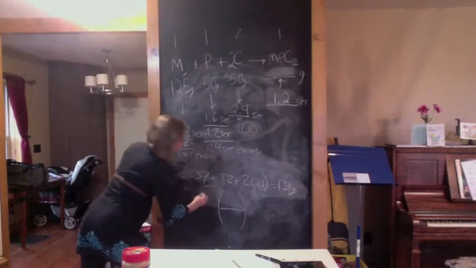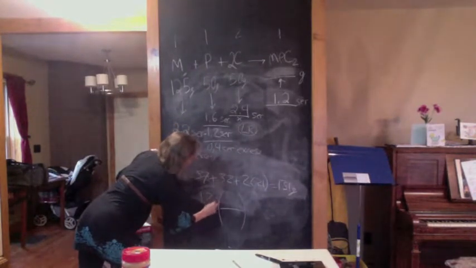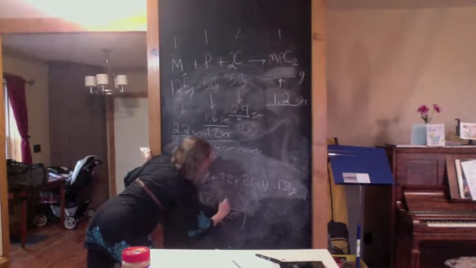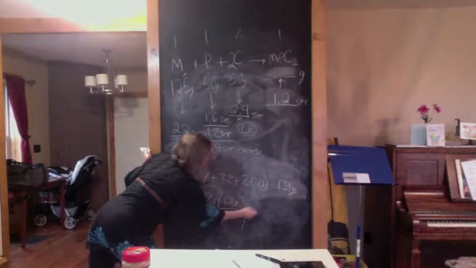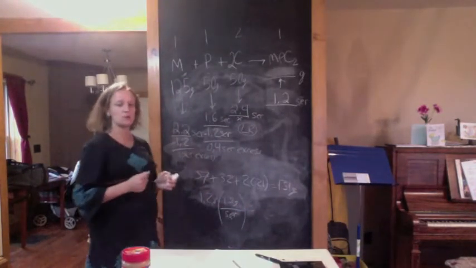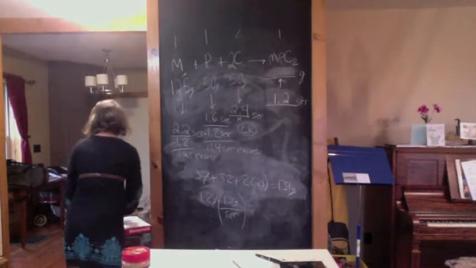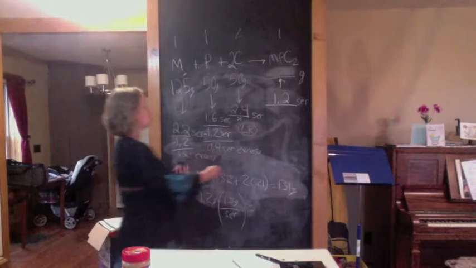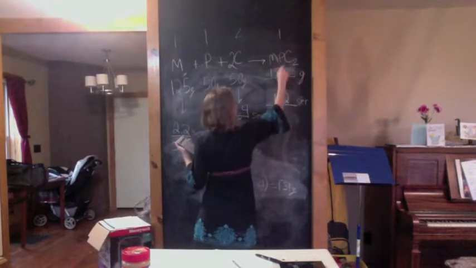So I have 1.2 servings, and I know that each serving weighs 131 grams. So servings cancel, 1.2 times 131. You end up with 157.2 grams.